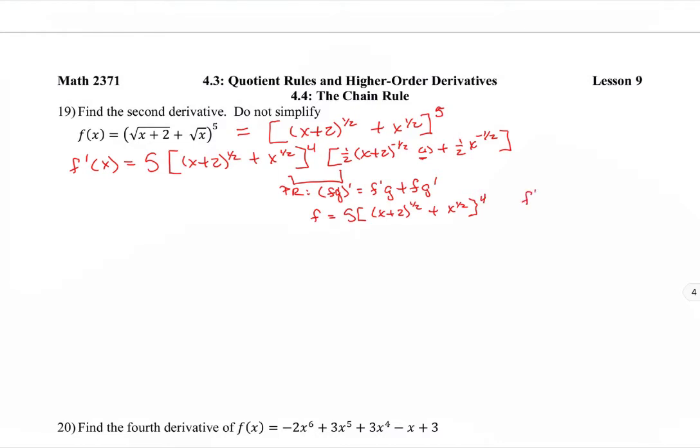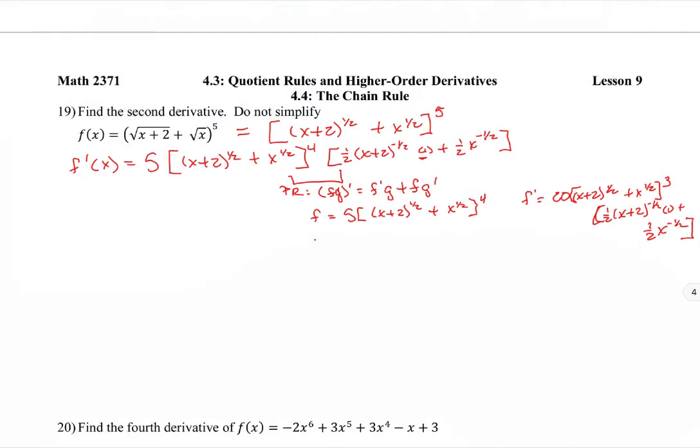So then f' equals 20 times (x plus 2 to the 1/2 plus x to the 1/2) raised to the 3rd times the derivative of that, which is 1/2 x plus 2 to the negative 1/2, plus 1/2 x to the negative 1/2.